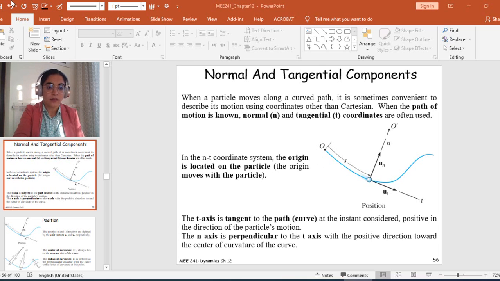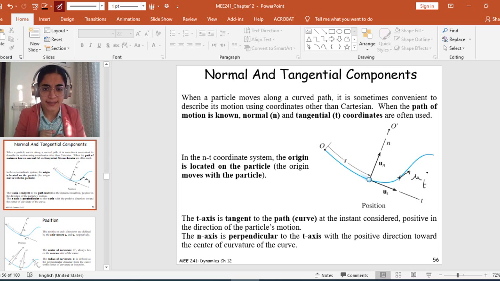For example, if at a certain time t prime this particle is at this position, then my unit vector will be this one. This unit vector always has a magnitude of 1, and this means that its magnitude is not changing with respect to time.